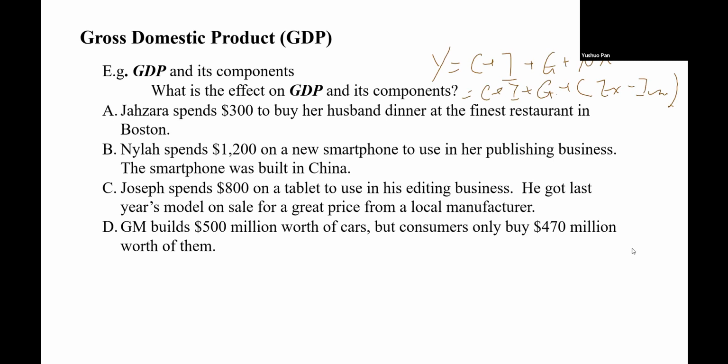Right, so if Jezara spends $300 to buy her husband dinner at the finest restaurant in Boston, what part of GDP will change, or will any component of GDP change? Consumption will increase, and what else?